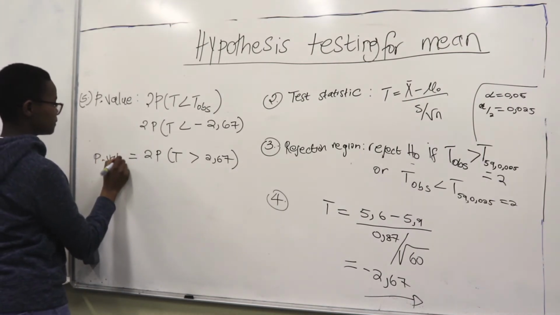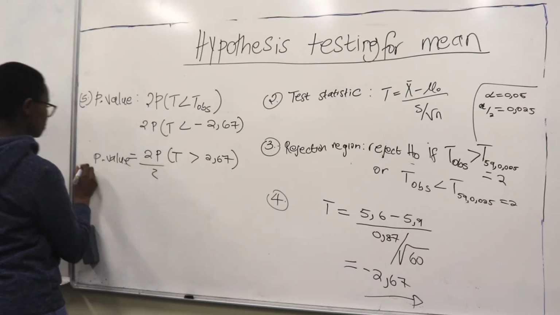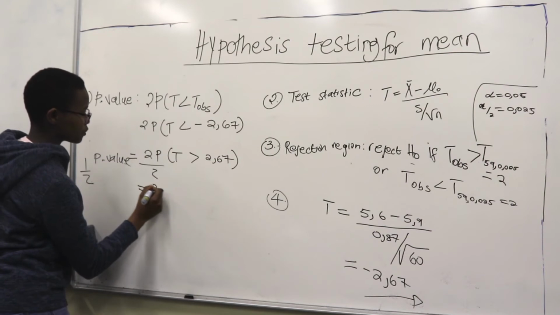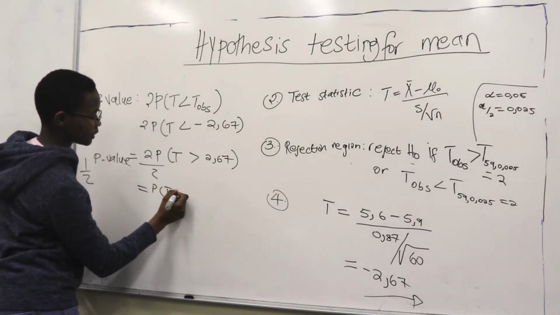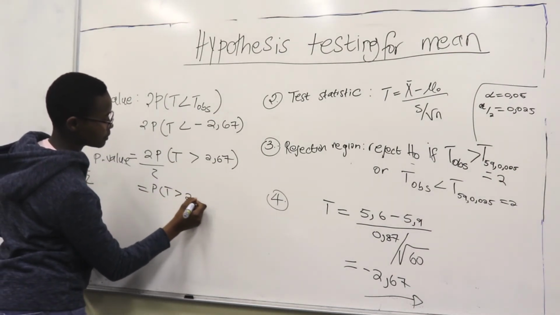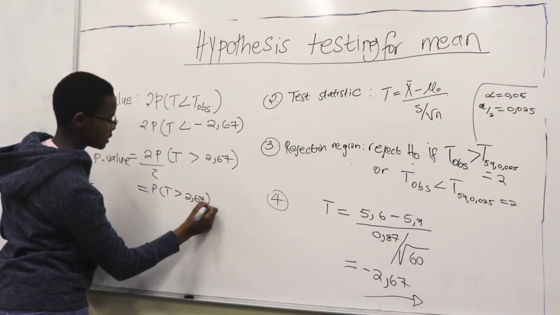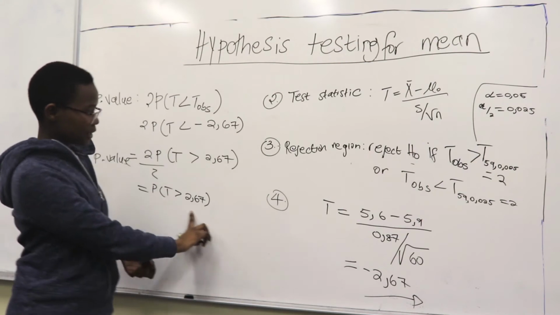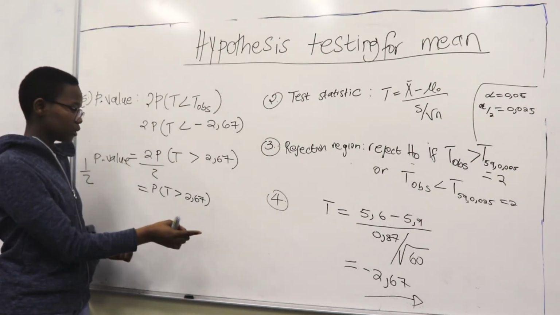So divide by 2 and then divide by 2. So P is greater than 2.67. Yeah, can you look for this number in the table?